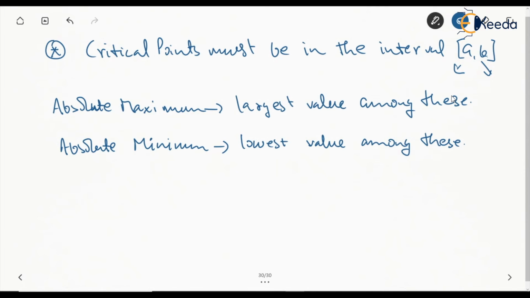Apart from that, there is a possibility that we may have a function of two variables which is implicit.